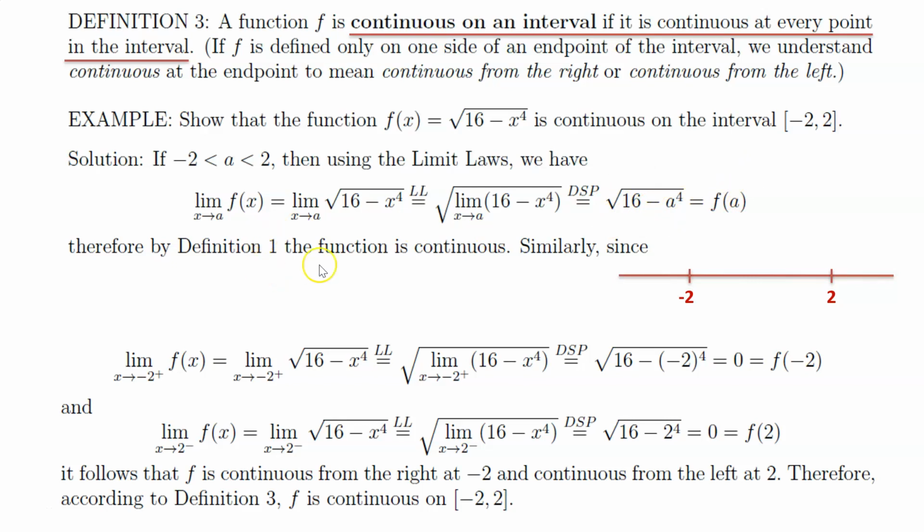Therefore, by definition 1, the function is continuous. So bila you have like this, bila you substitute the x value with a, this is actually equal to f(a). So this function is continuous. So definition 1 ni yang tadi, yang you have three different conditions.